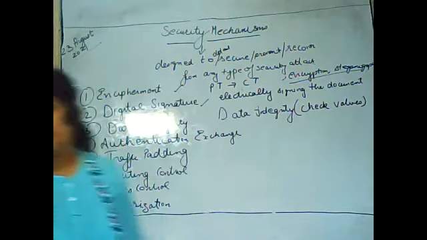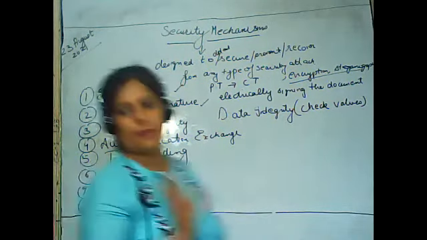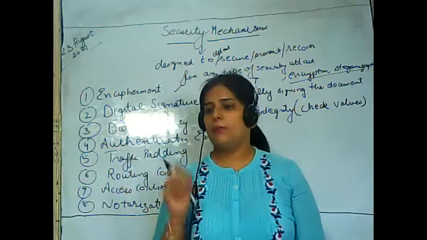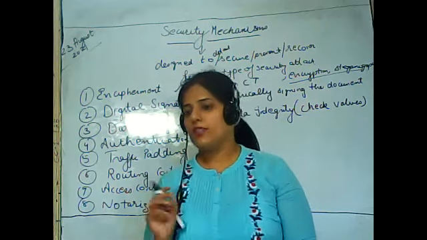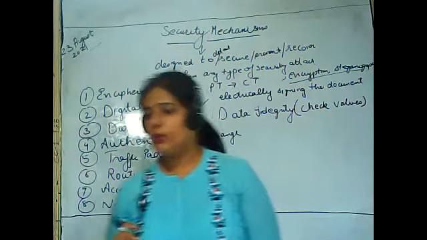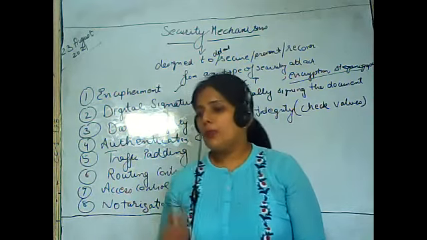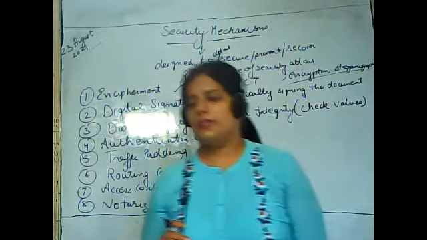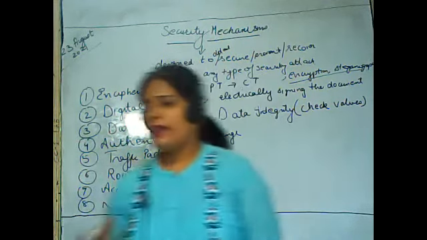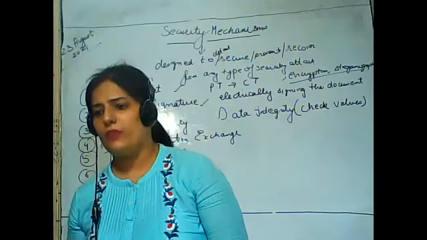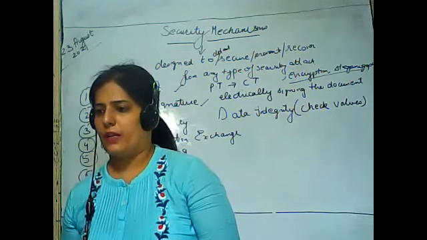What these check values do is that we have different checkpoints in the message. When the message is received by the receiver, it will check that at all the checkpoints the sender has told you about, these check values are available. That confirms that the message sent by the sender is authentic and has not been modified during transmission.